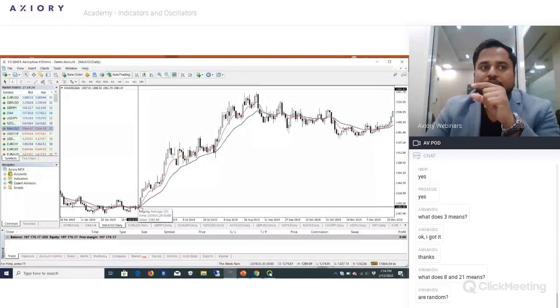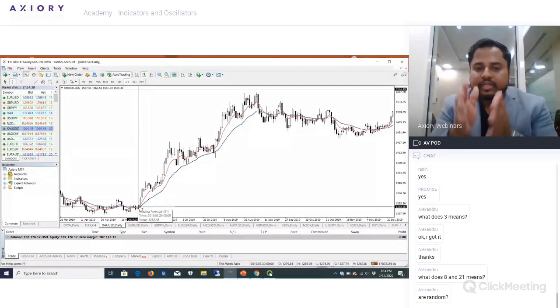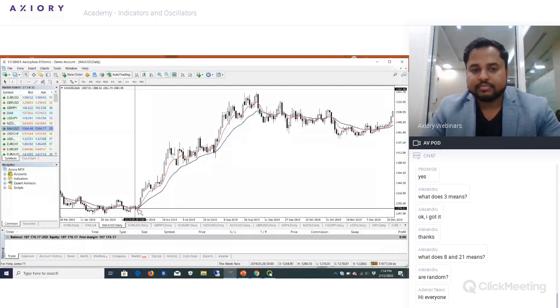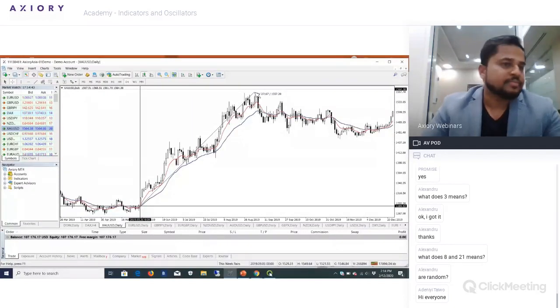For example, I have used here the 8-day moving average and the 21-day moving average. So when the 8-day moving average crosses the 21, we go for buy. See here, it crosses. And from here to here, the price has moved. How many pips can anyone say?